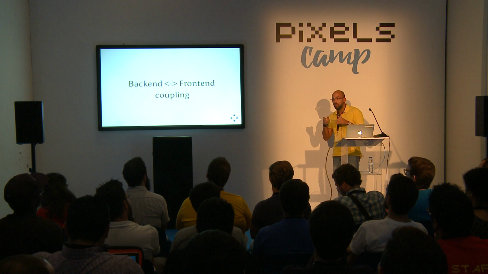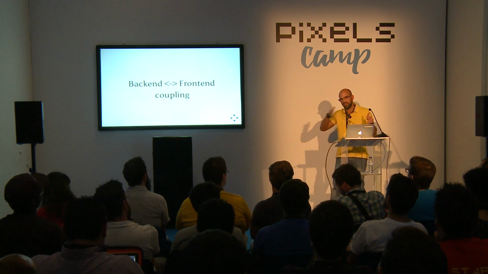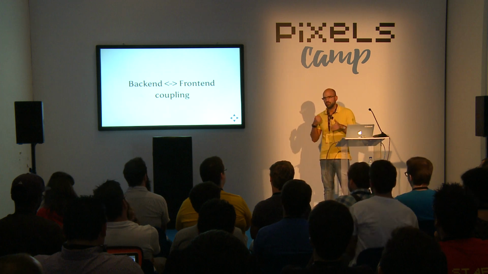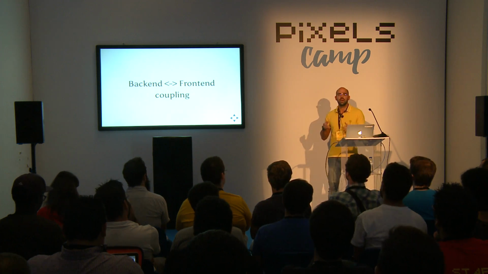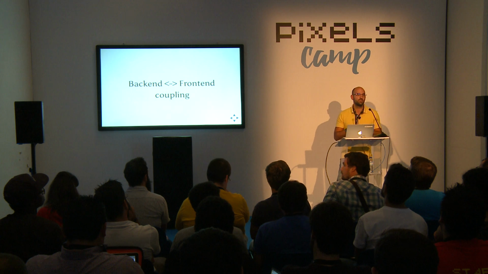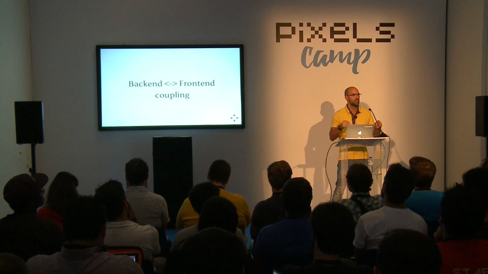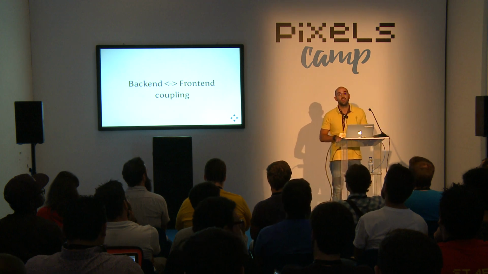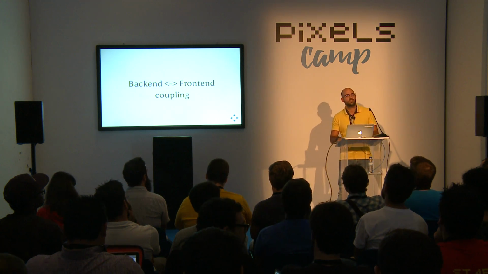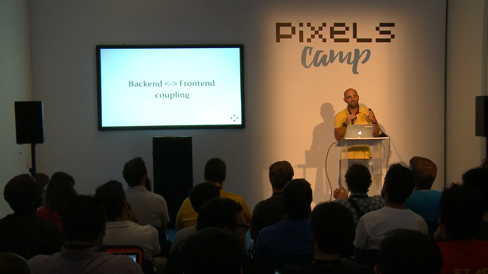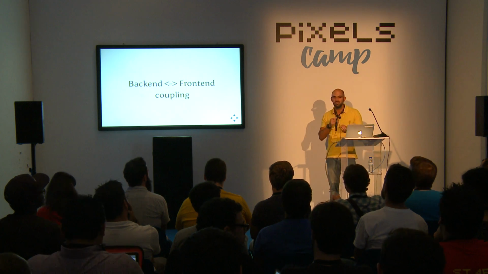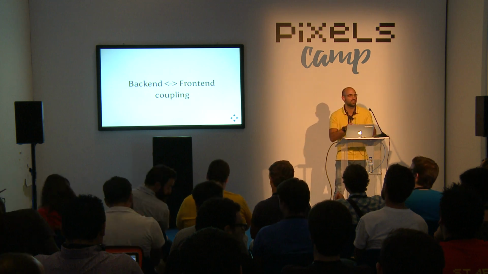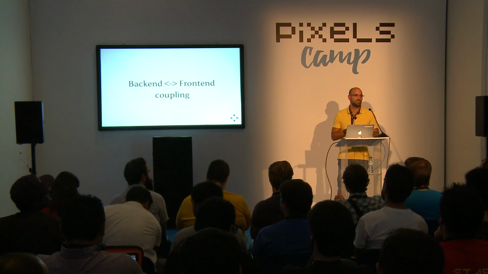Another problem that derives from this, kind of cascading, is that you start to have backend and front-end coupling. What happens is, a task that inherently seems to be purely a front-end task, you give to a front-ender, and at some point he's going to tell you, the compact view is almost perfect, we would just have to add 1 or 2 fields to it to get all the data that we need in this view.